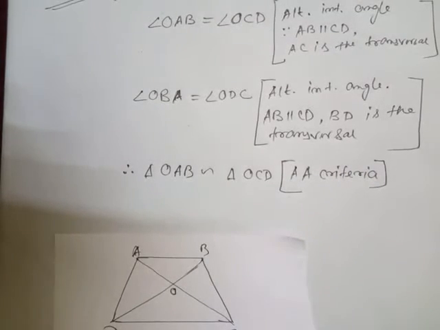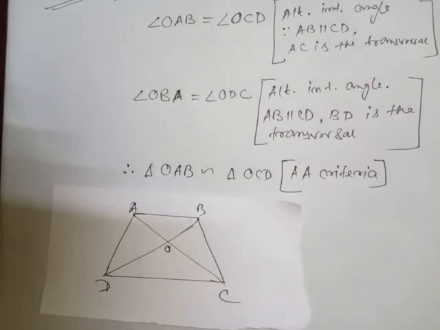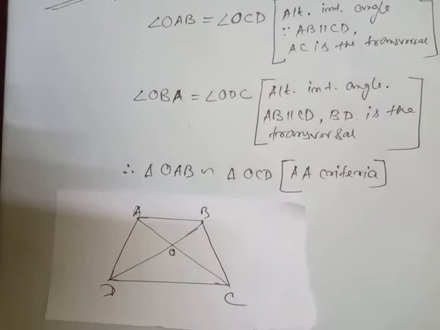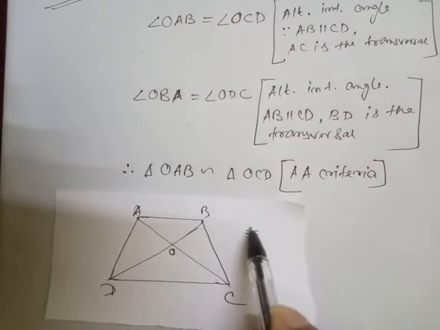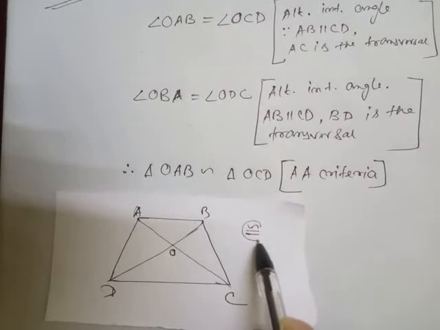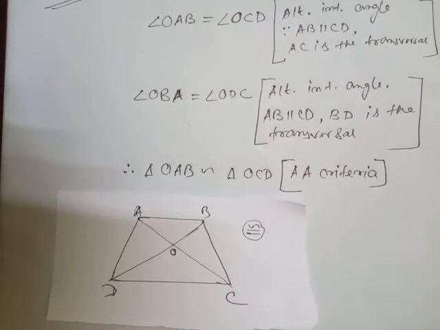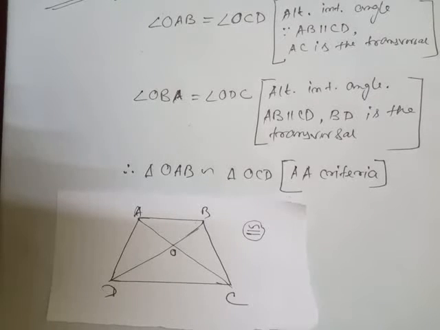Now look, one thing I'm telling you again: if we want to prove congruence, then we need three specific reasons: either side side side, or angle angle angle, or angle side angle, or side angle side, or RHS.